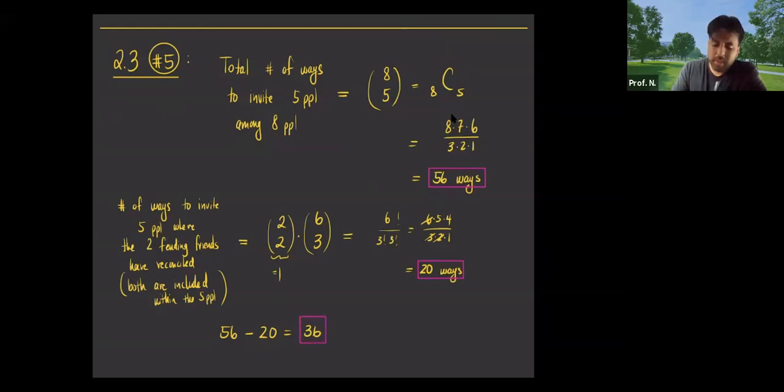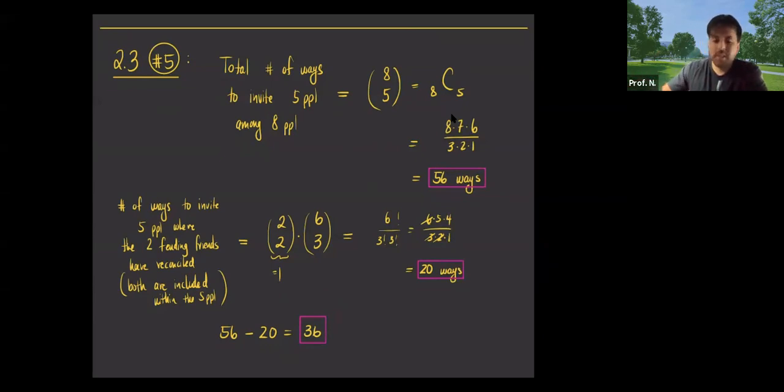Just to corroborate this, to make sure this is the correct number, you can think of it from the casework perspective without the complementary counting. You can think of, what if one person is in it and the other one isn't? And then because of the symmetry, if you include the other scenario where the excluded friend is included and the other person is excluded, it's that same number.